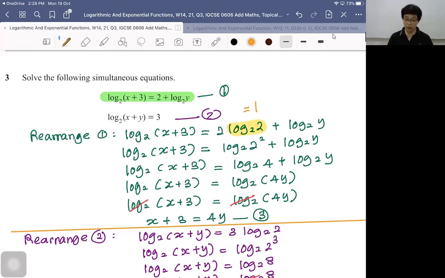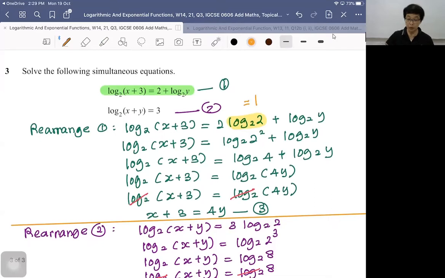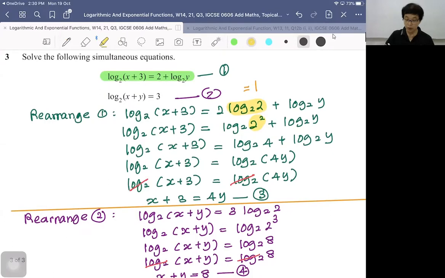The next step is we use the power law, taking the 2 going up here, and then I square the 2 to get 4.